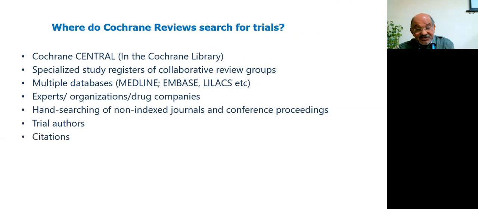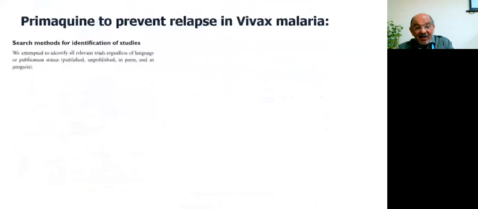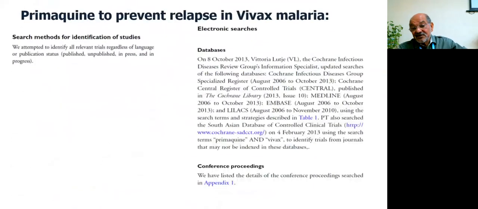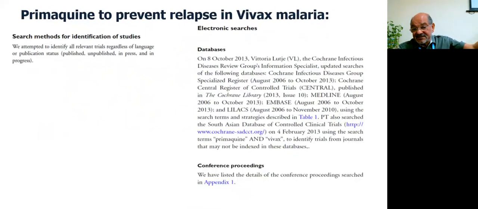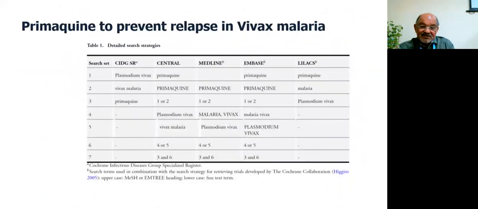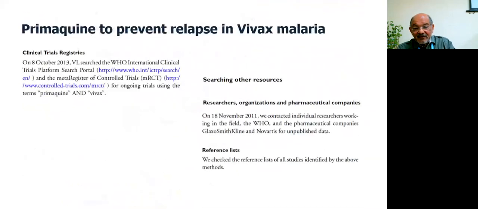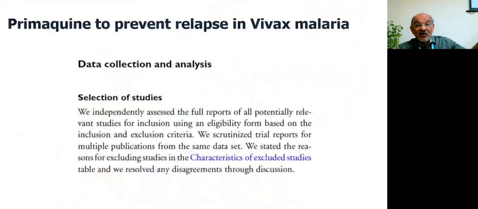And then we looked at the citations, ongoing trials, trial registers, and conference proceedings. All of this is detailed: what all we searched, what dates, everything, what search terms we used in all of these, and which conference proceedings we looked at. It's all there in our appendices. And then what are the other resources that we searched? Fortunately, Cochrane helps you because they've got trial search coordinators who help you do much of this.